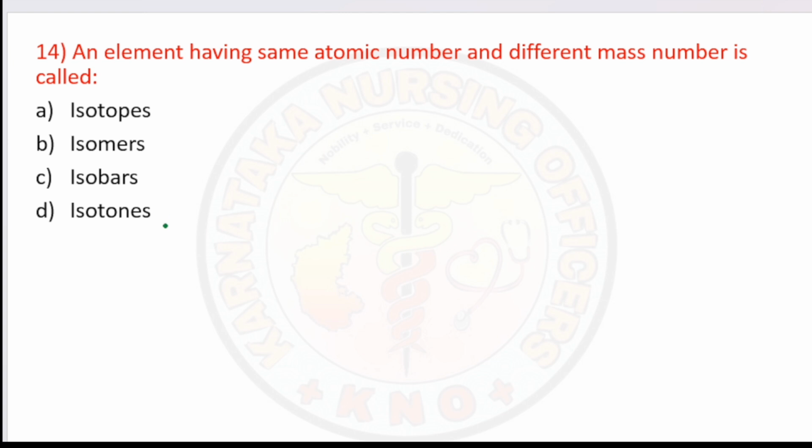So next question. An element having same atomic number and different mass number is called. So the correct answer is option A, isotopes. Okay, so isotopes are those having same atomic number and different mass number. And what are the others?